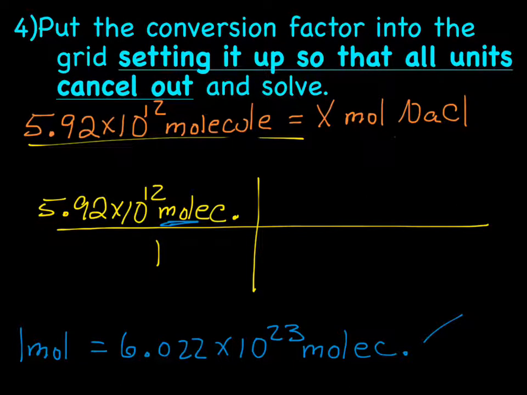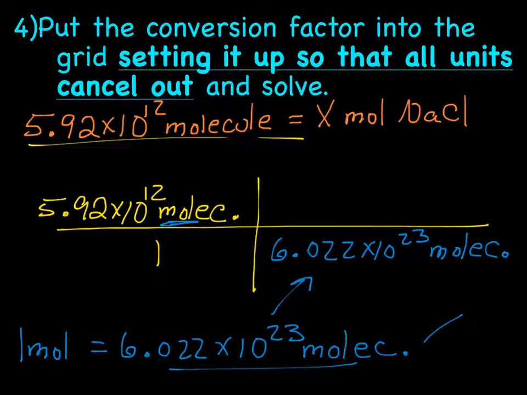Looking down at our equality, since I have molecules on the top of the grid, I'm going to put molecules down at the bottom, 6.022 times 10 to the 23rd molecules. So this number went here. The other one, whatever's left over, is going to go on the top. 1 mole is going to go on the top. Now we'll note that molecules crosses out, and we're left with the unit mole, which is what we wanted in the original question. Okay?